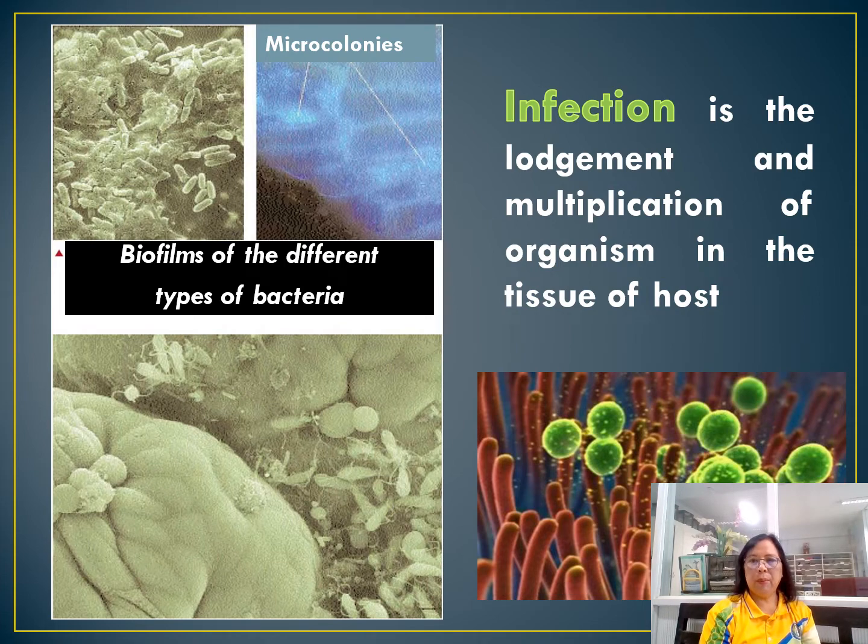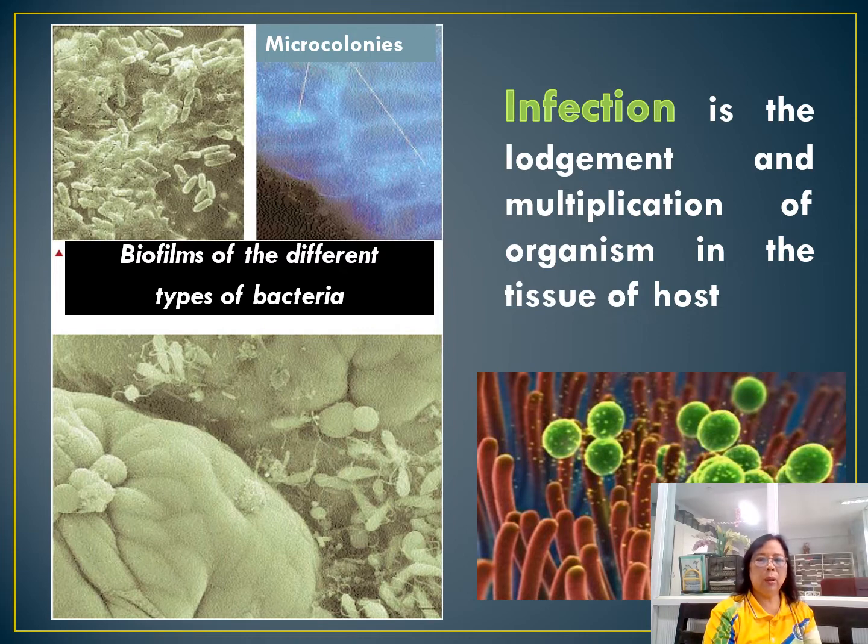Actually, the first virus that was discovered was found in tobacco. It is called the tobacco mosaic virus. So you could see here microcolonies as shown in the microscope, present as a film. Although these are not individual microorganisms, they are groups of microorganisms.